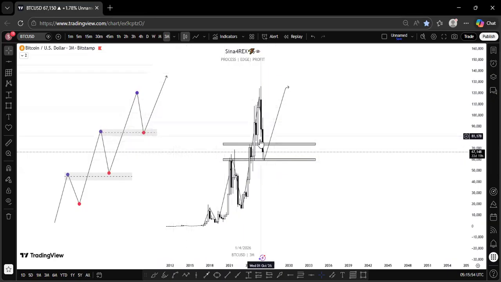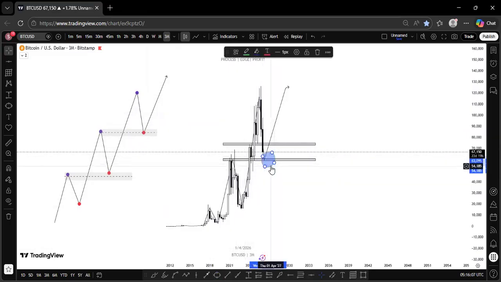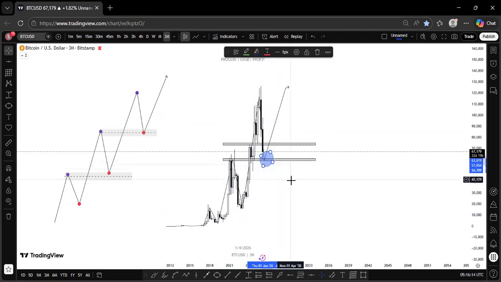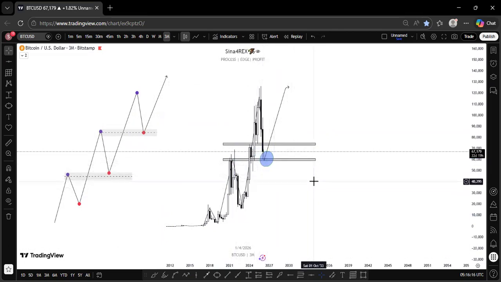So technically, you can see the 3 months time frame printing exactly the bullish structure that we want to see. So price reacting at this swing low point. This was the last high point that price broke. Price had come back to that point in order for us to have another buy opportunity.